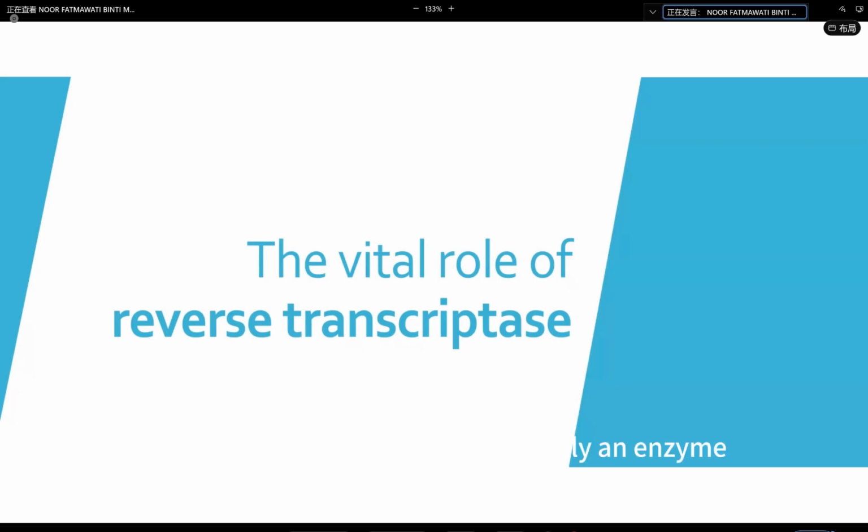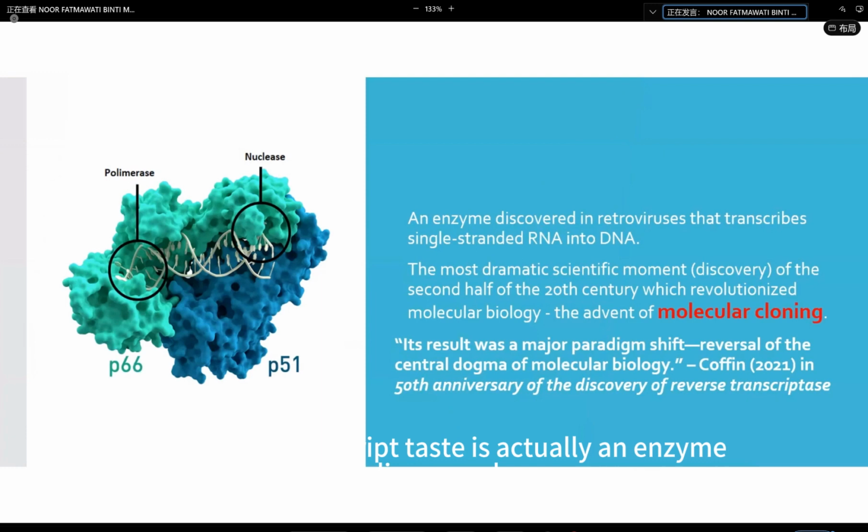So what is reverse transcriptase? It's an enzyme discovered in retrovirus, and it was one of the most dramatic scientific discoveries of the second half of the 20th century, and it basically revolutionized molecular biology. This is in the molecular cloning part.